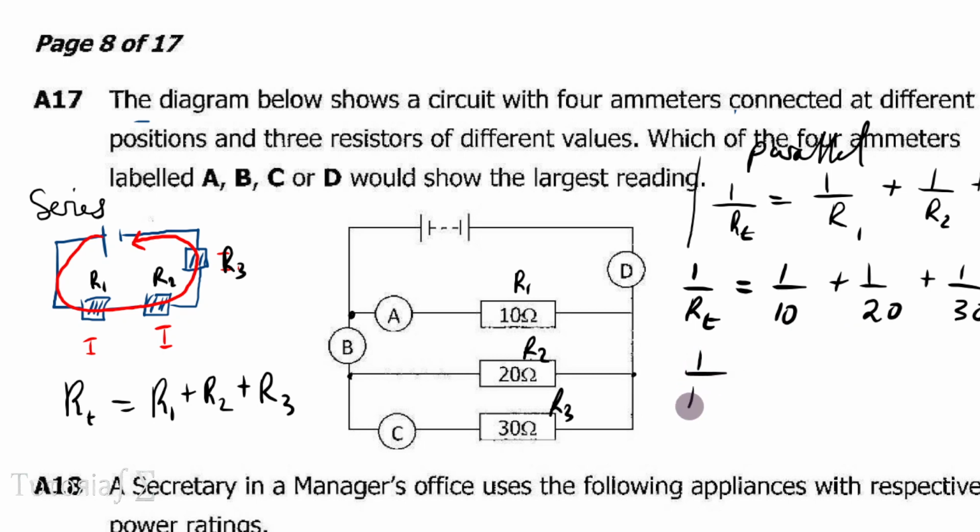Finding the common denominator, which is 60: 10 goes into 60 six times, 20 goes in three times, and 30 goes in two times. So 1 over R total equals 6 plus 3 plus 2 over 60, which is 11 over 60. Then from here we can cross multiply.